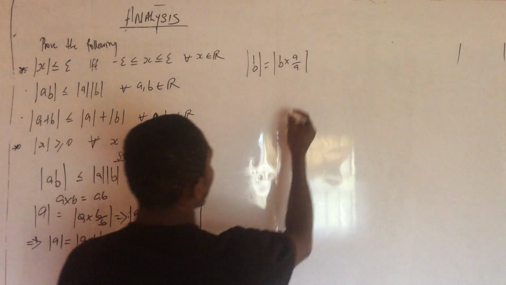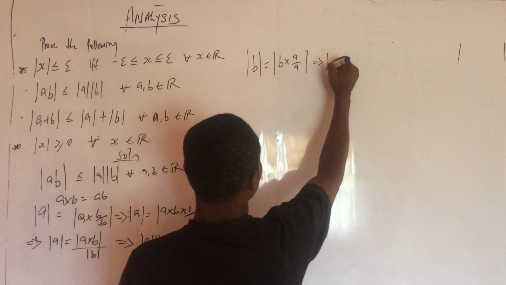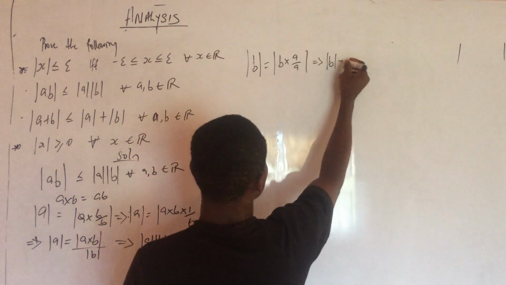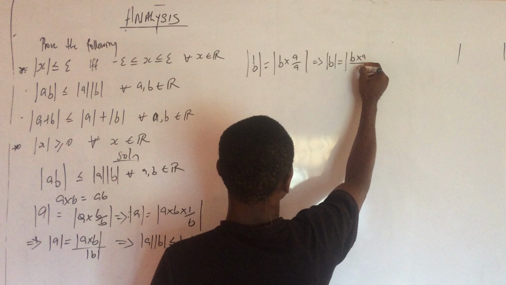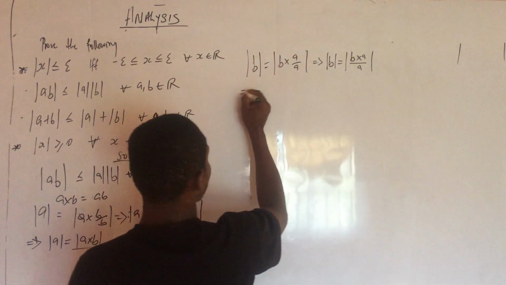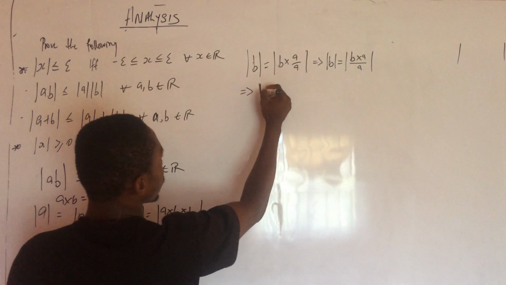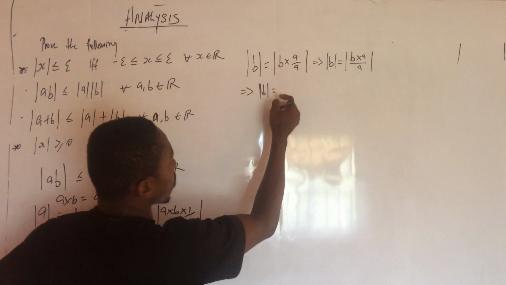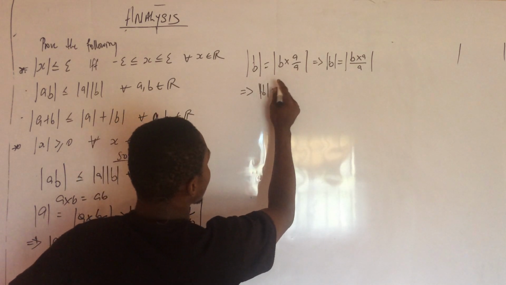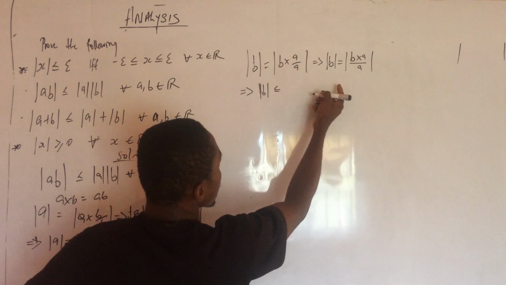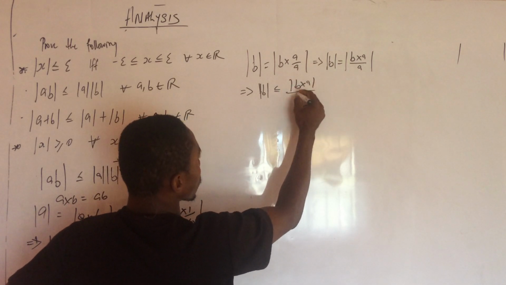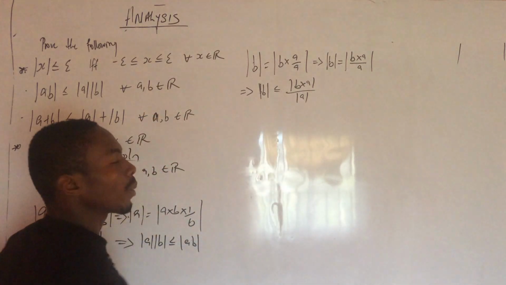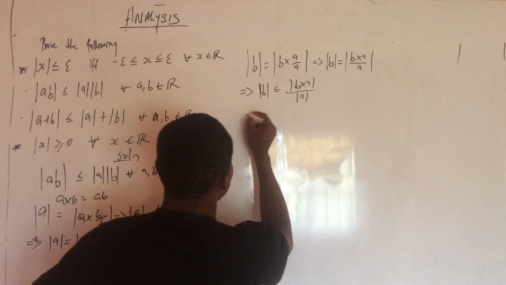B. So this implies that the absolute value of b is equal to the absolute value of b times a, all over a. Now, this implies that the absolute value of b is less than or equal to the absolute value of b multiplied by a, all over the absolute value of a.